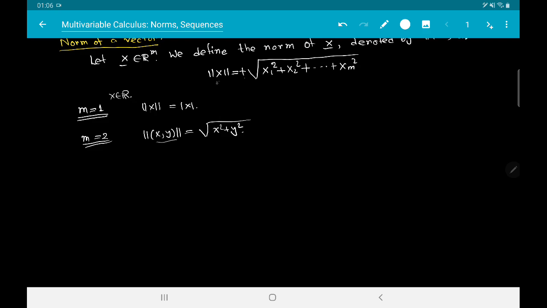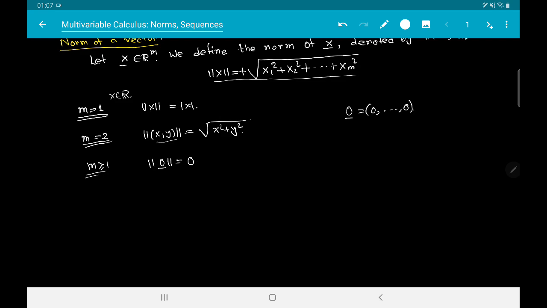More generally, when you take x in Rn, this is also going to be the distance of x from the origin. Now for arbitrary m, m bigger than or equal to 1, what is the norm of 0, the vector 0? A 0 vector is a vector with all the coordinates equal to 0.